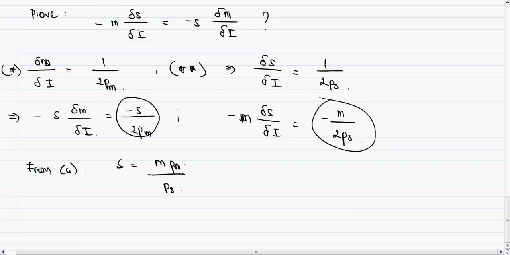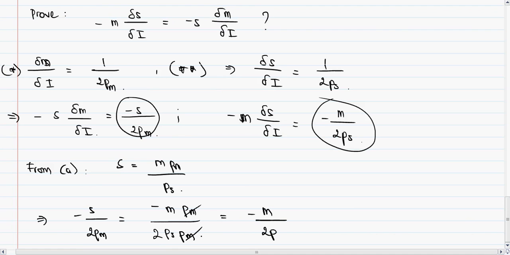Using this optimal condition, I will get that negative S divided by 2PM will be equal to negative M times PM on PS, divided by 2PM. So PM here cancels with PM here, which gives me negative M on 2PS. So I have proved that this thing here is equal to this thing here.